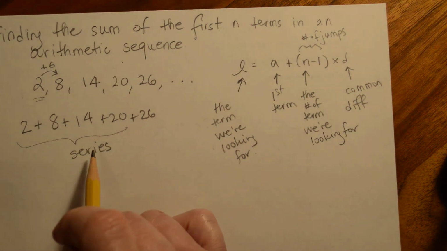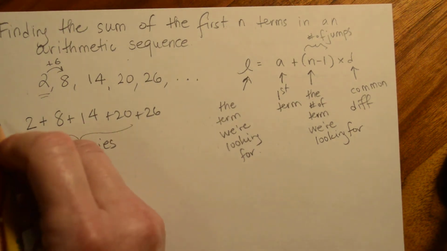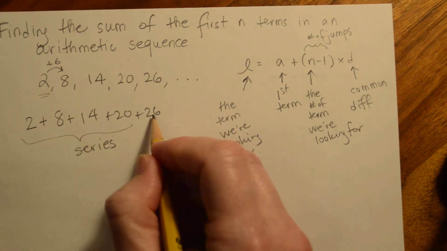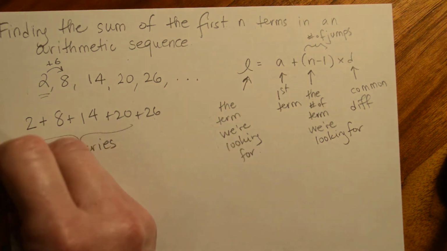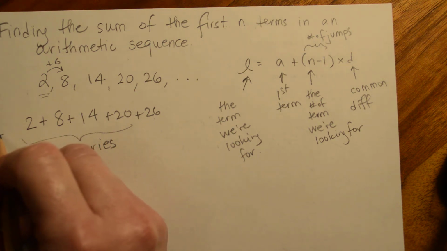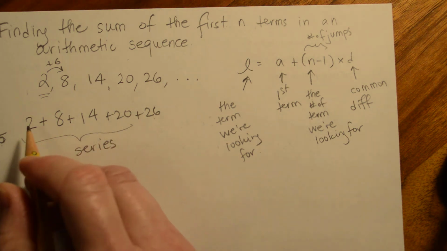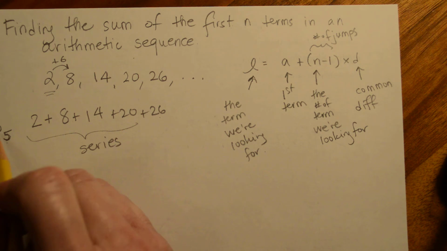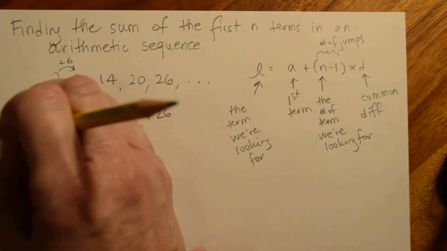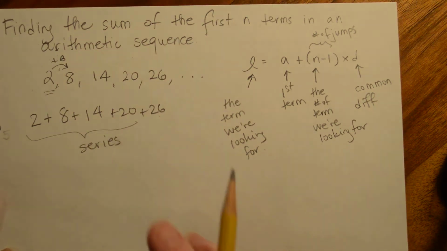So we would say this is the sum of the first 5 terms. In mathy language, that would be S of 5, the 5th sum, when we take those 5 and add them together. Again, we're not going to worry about this notation because we're not quite that advanced yet. We're just going to call that the sum.